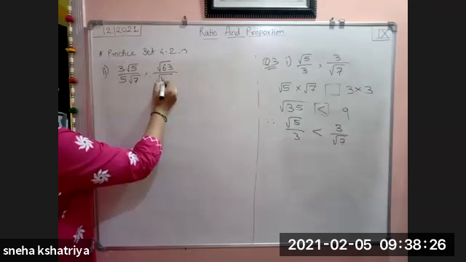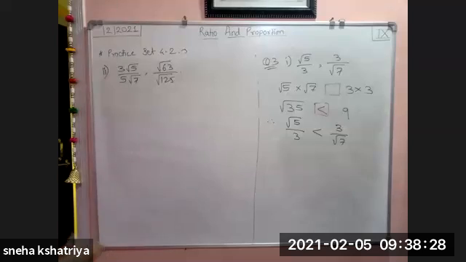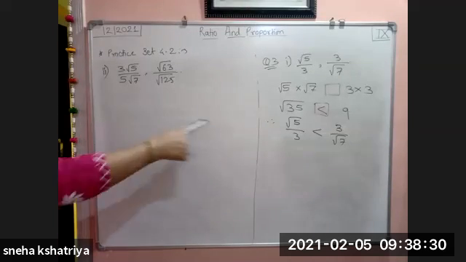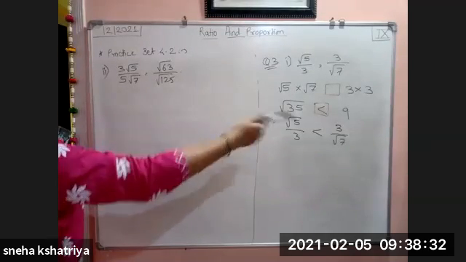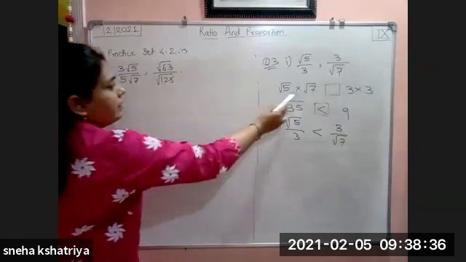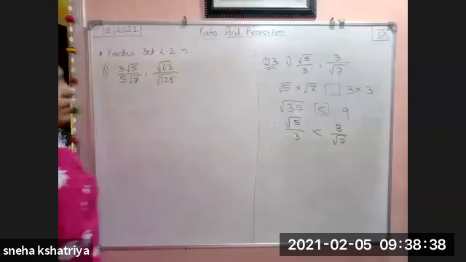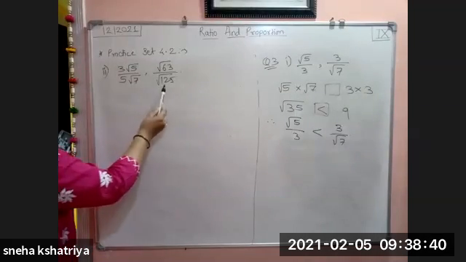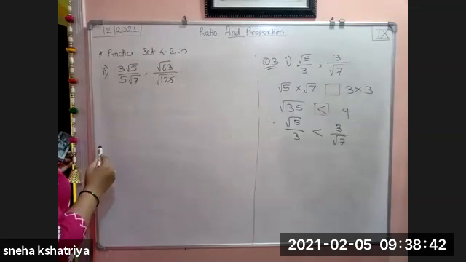As we did in the last example, we could cross multiply and find the values, but there the numbers were very small. Here the numbers are bigger, so how are we going to solve this?